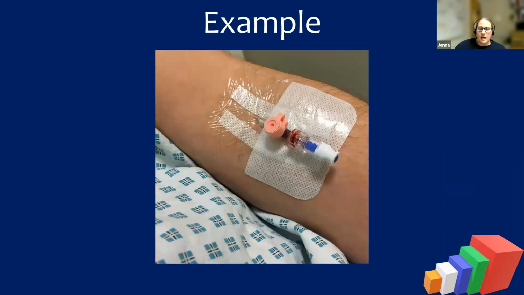So a further example of a control, and I'm talking about a cannula here. As a pre-event control, we know that if I send my staff on training to be able to insert a cannula, they get trained to do aseptic non-touch technique.